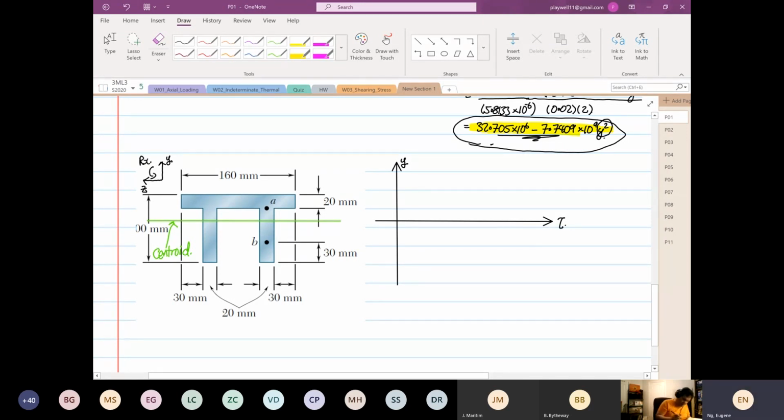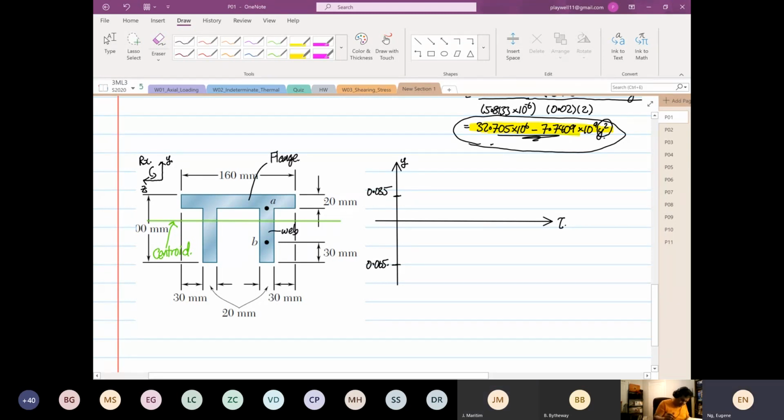So we know at this point down here, this is 0.035, right? And then at this point down here, this is 0.065. Okay, so I'm going to label this. This is our flange. And over here, this is our web.